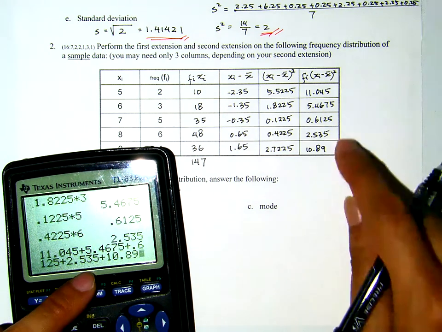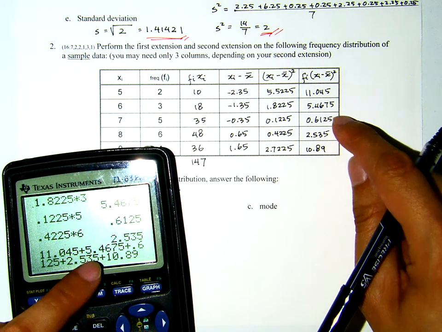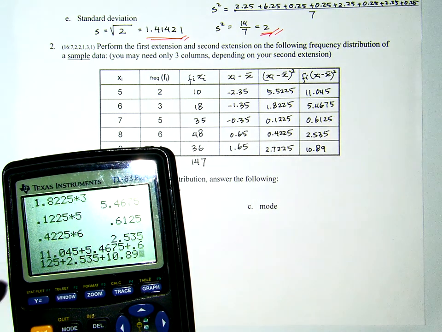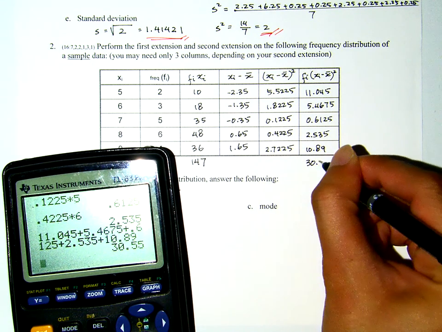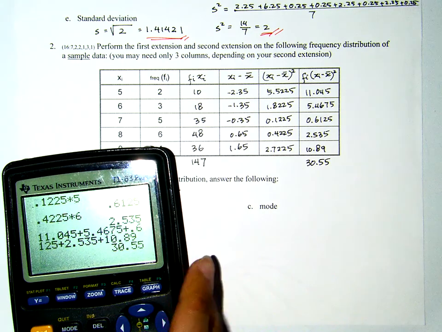I hope I add them correctly. Okay, the sum is 30.55. So I'm done with the table.